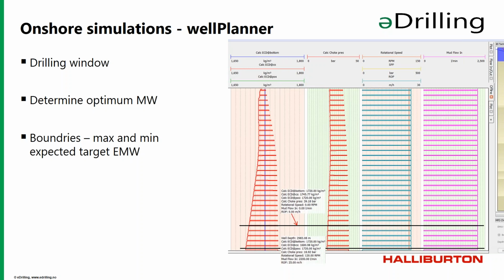Based on this we decide what would be the optimum mud weight, and also rheologies to use to achieve the goals for the well. We look into where the pressure should be held constant. Should this be at bottom at all times? Is it the casing shoe that's the weak link and we should hold the pressure constant there, or is there a zone in between, for instance the top reservoir?